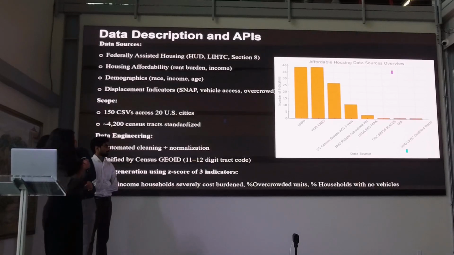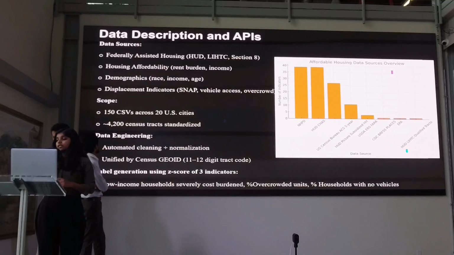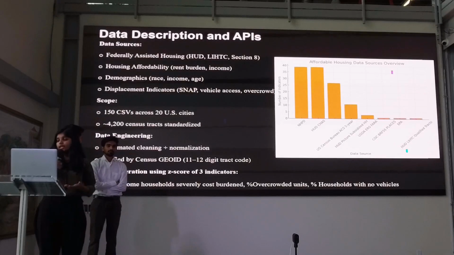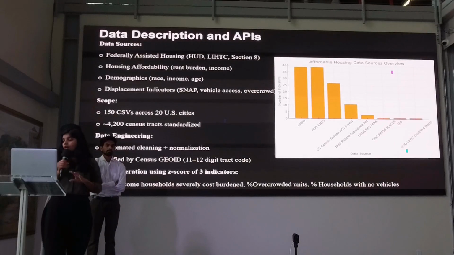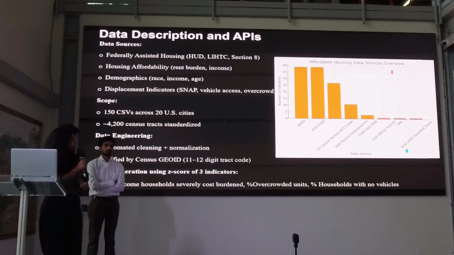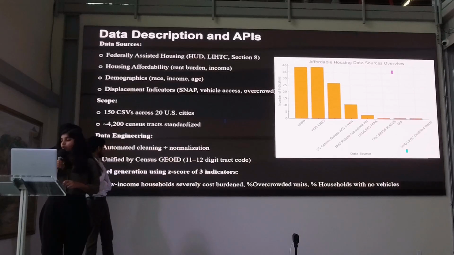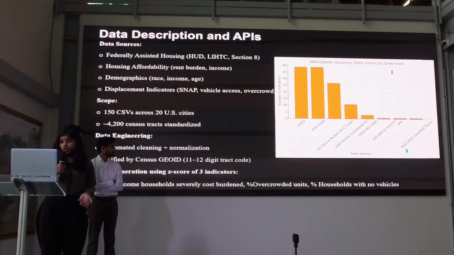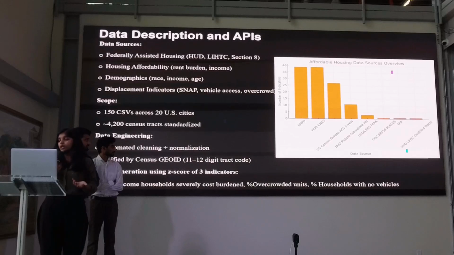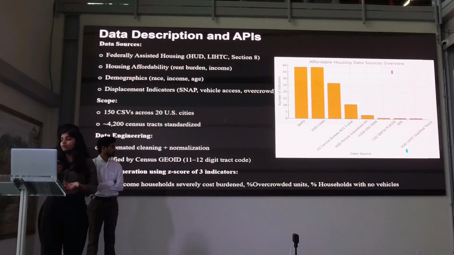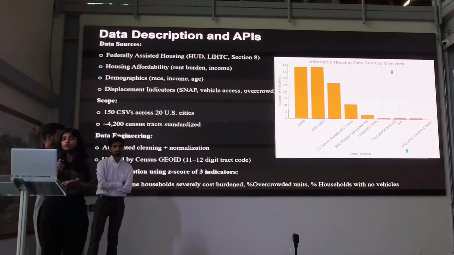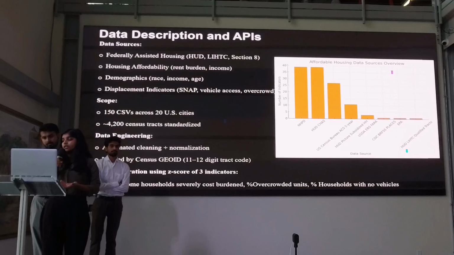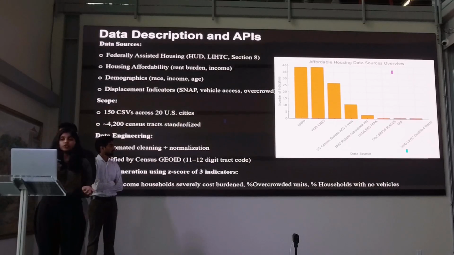We cleaned and standardized all the data using the census tract ID, and then we created a label for each area based on three key indicators: the percentage of low-income households that spent too much on rent, the percentage of overcrowded units, and the percentage of households with no vehicle. These labels help the AI learn what high-risk neighborhoods look like.